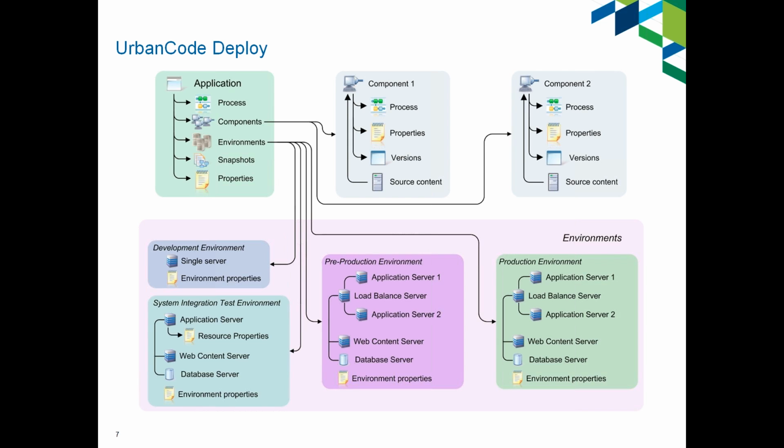Component two might be a series of SQL scripts for making database manipulations, or it could be some static web content, or it could be a F5 load balancer that needs to be configured. There's various different technologies through that vertical stack of content and different technologies that make up your application. So we break them down into those different technology tiers, into different component tiers.